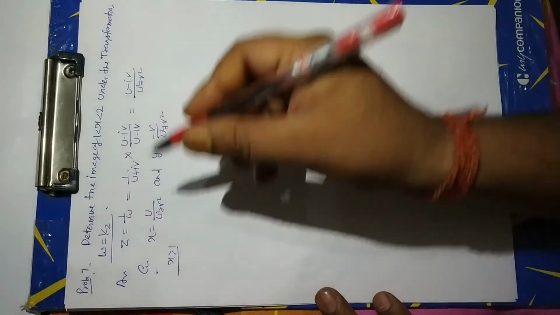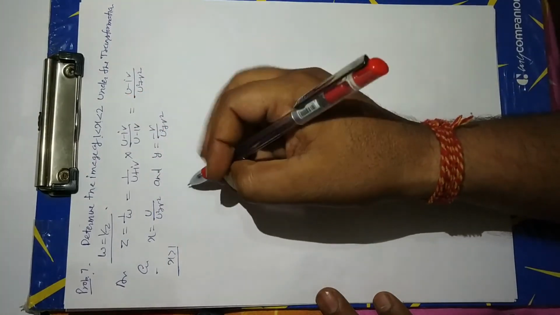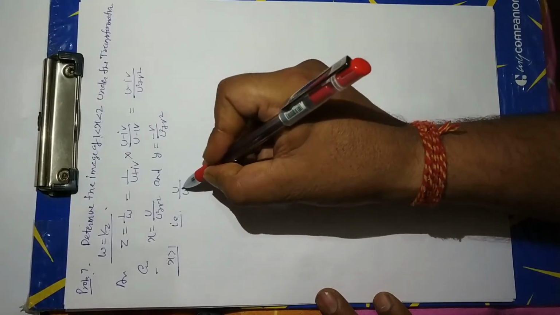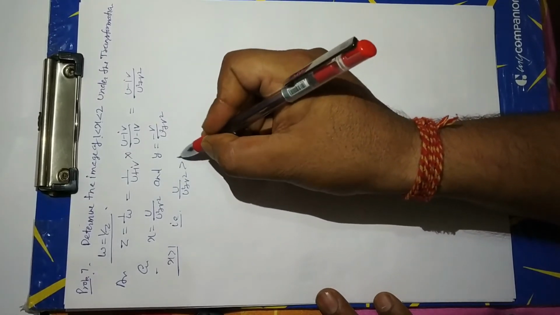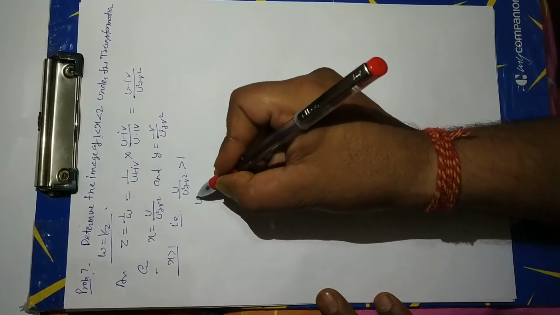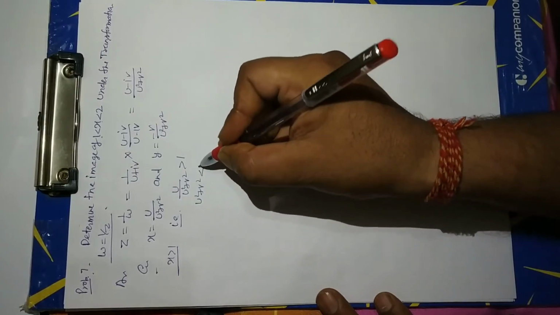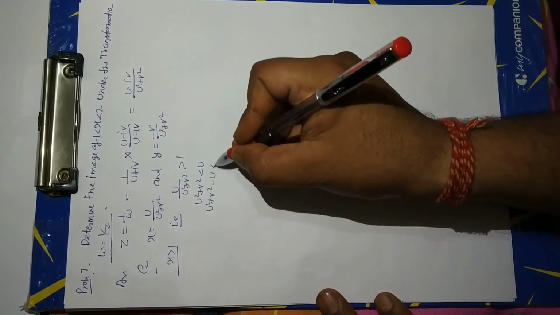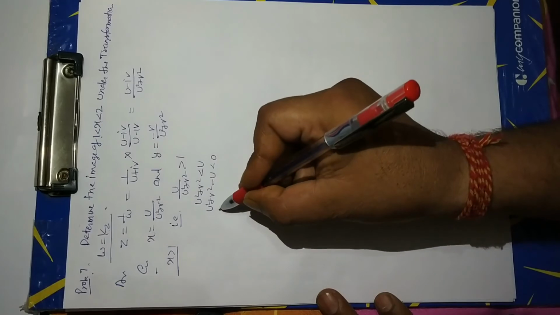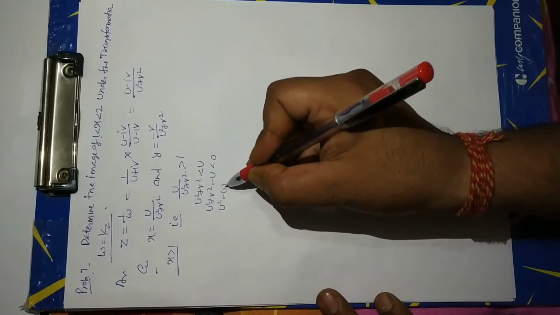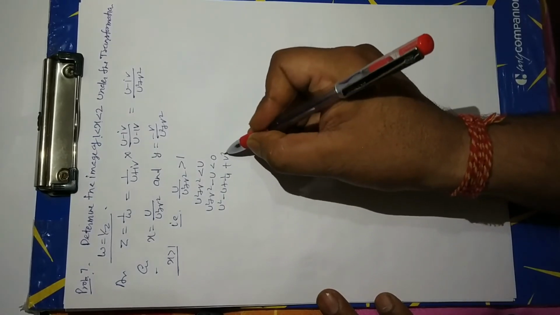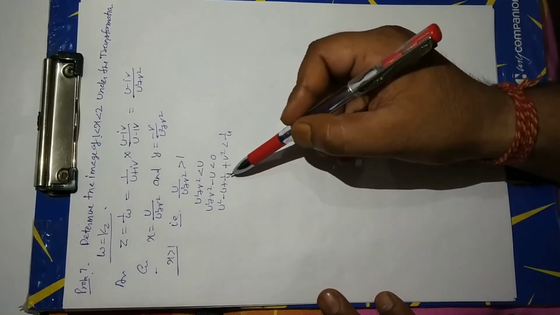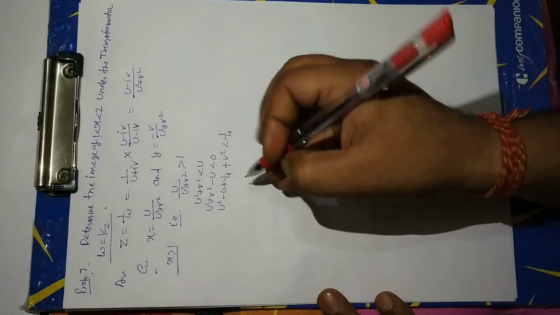Since x > 1 is the first condition, that is u/(u² + v²) > 1. Now u² + v² < u, that is u² + v² − u < 0. Now u² − u + 1/4 + v² < 1/4, adding 1/4 on both sides.